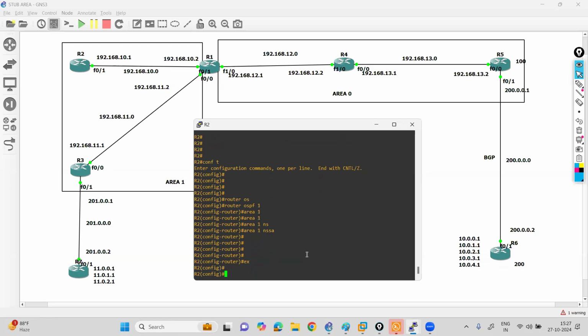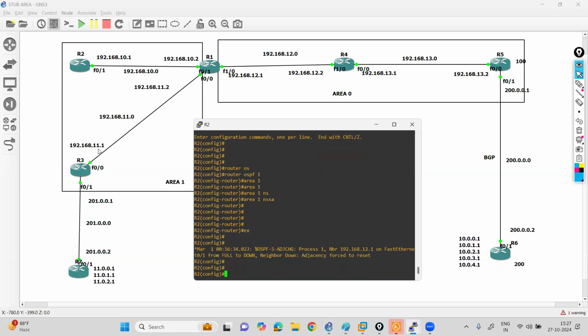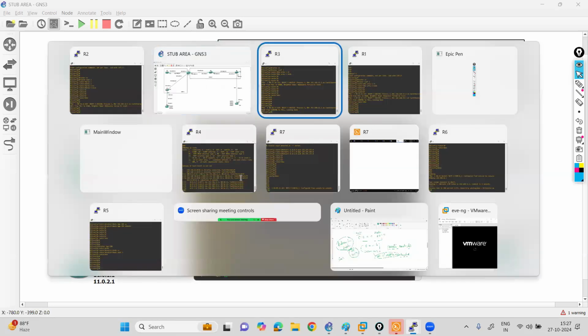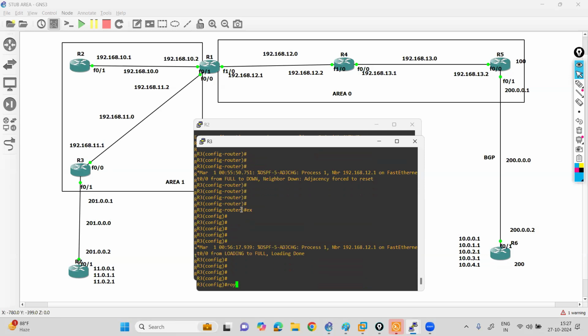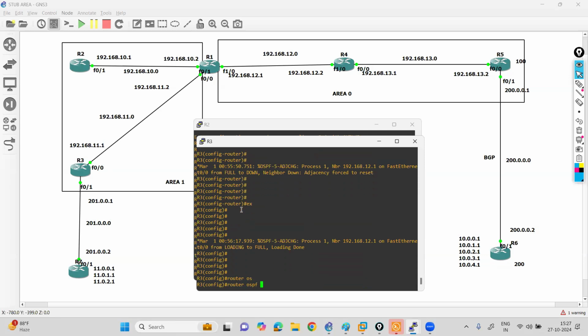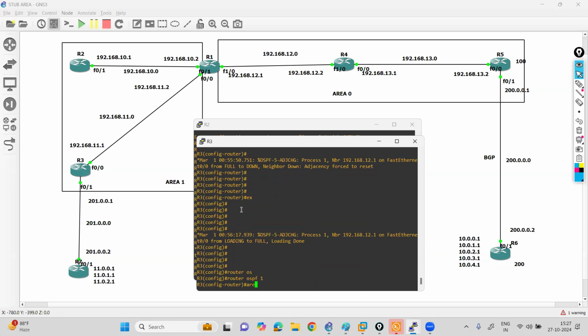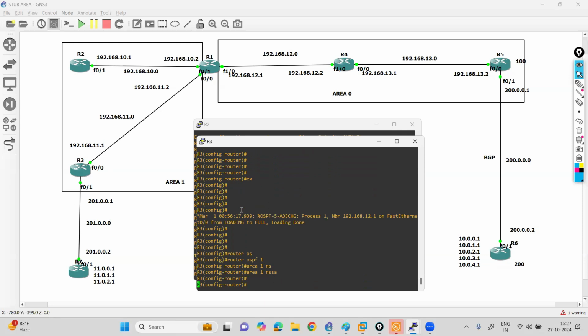That's it. Let's go to router number 3. Router OSPF 1, area 1, NSSA.